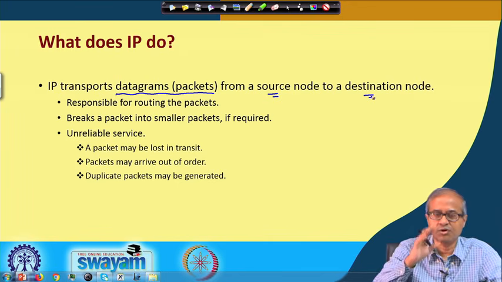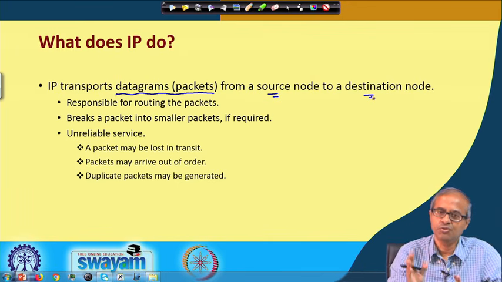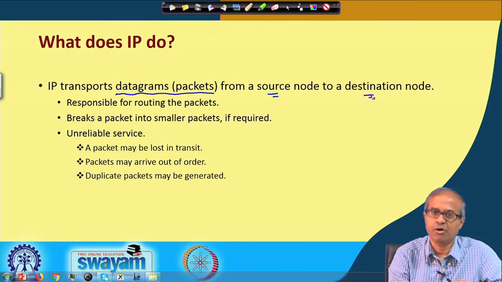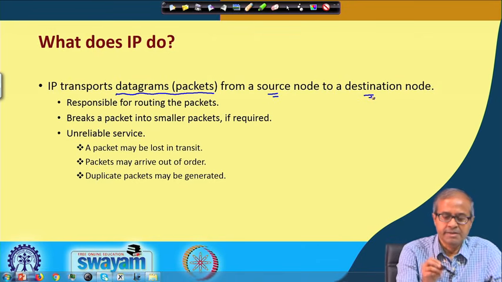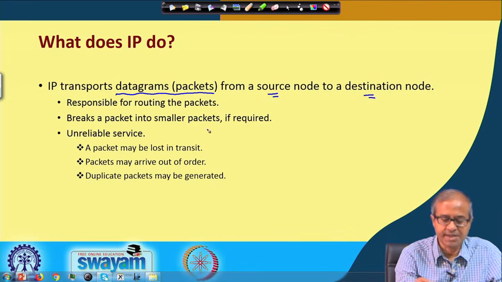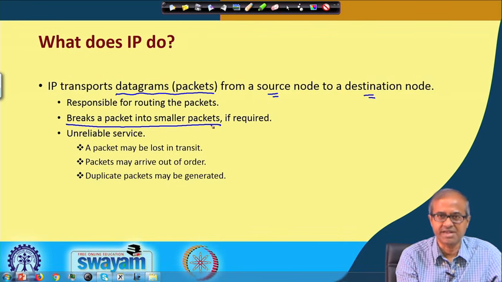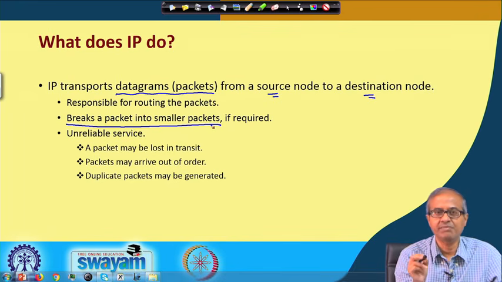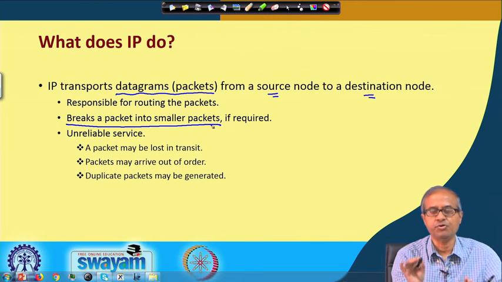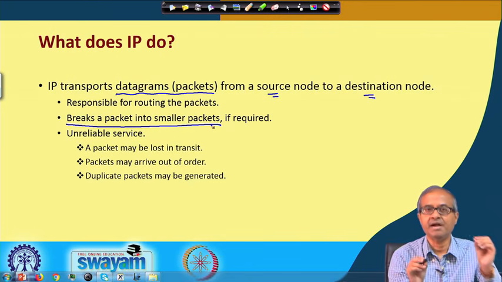So, the network layer or the IP layer in each of these nodes will be responsible for this routing or packet forwarding. IP has an additional responsibility. If it finds that a packet is too large, it may break a packet into smaller packets. This is called fragmentation. This we shall see. The point to note is that IP uses datagrams, and as we mentioned earlier, a datagram is an unreliable service.